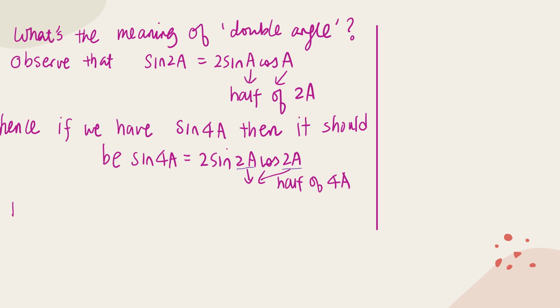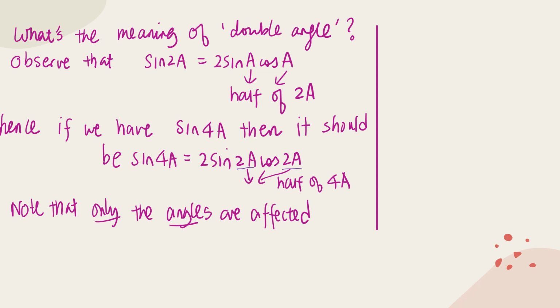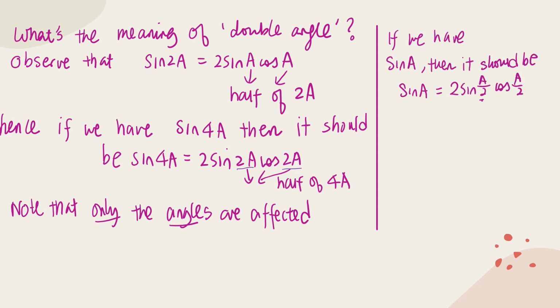Supposing you have another example that says sine A. If you have sine A on the left hand side, then that will be equal to 2 sine A over 2, okay, because A over 2 is half the value of A on the left hand side.